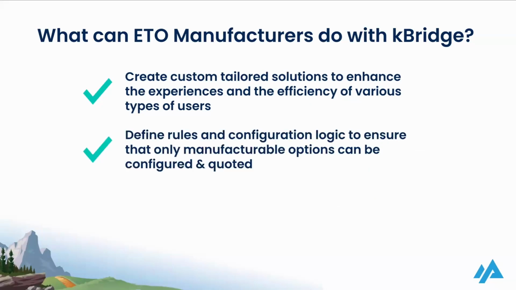The second is having defined rules and configuration logic that ensure only manufacturable options can be selected. As crazy as that might sound, people sometimes try to sell things you can't make. So let's put some guide rails around it and make sure that that can be done.